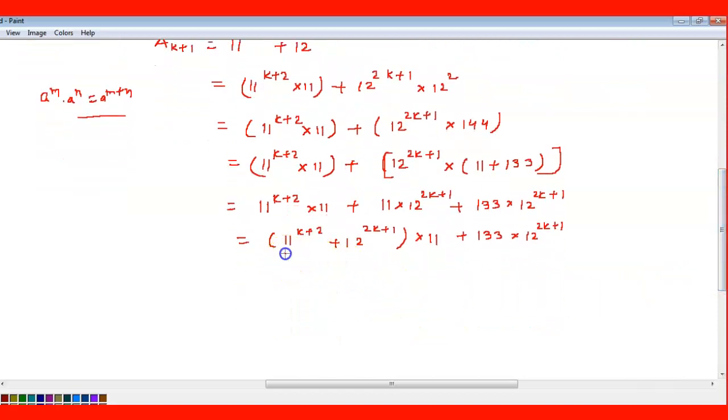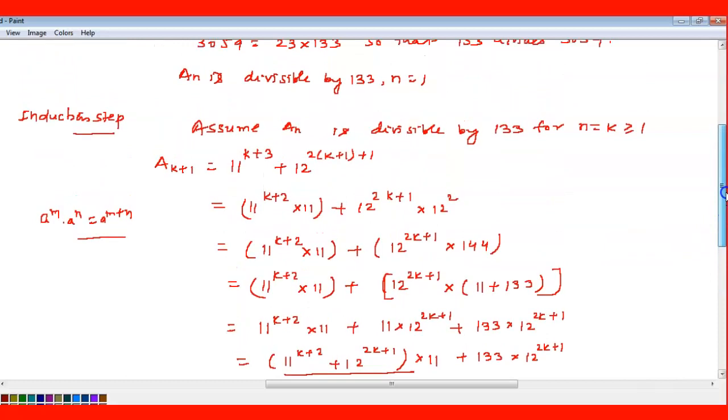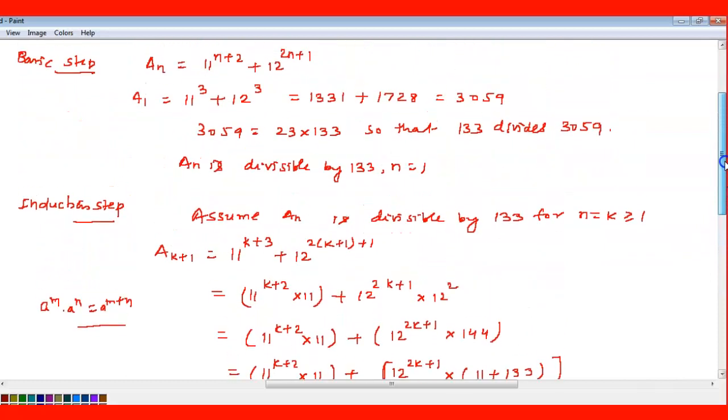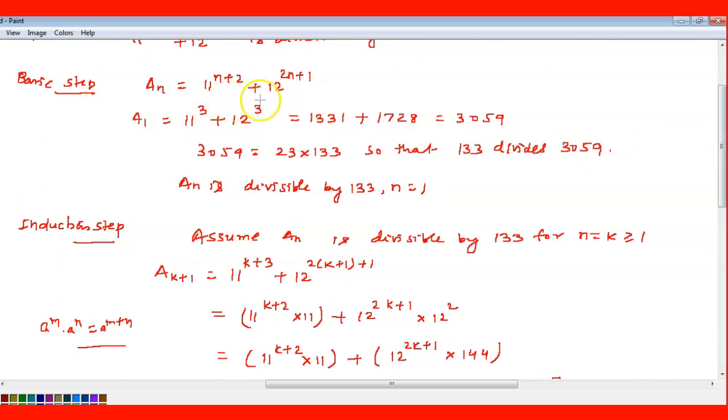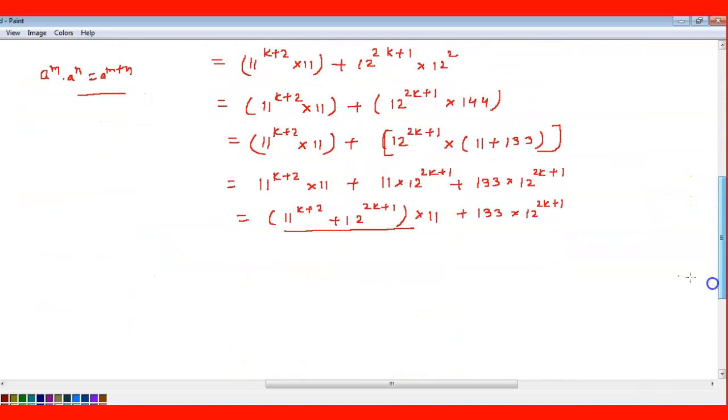So now we know that this 11 to the power of k plus 2 plus 12 to the power of 2k plus 1, which term is this? This is the one we assumed for n equal to k, no? This is a_k only. So this is a_k into 11, and a_k is what?